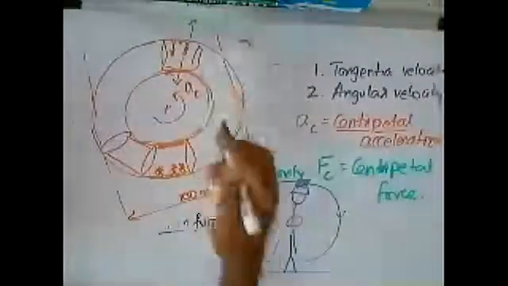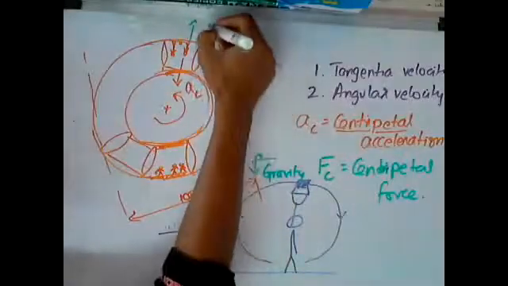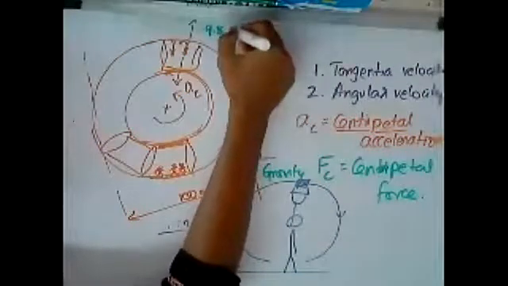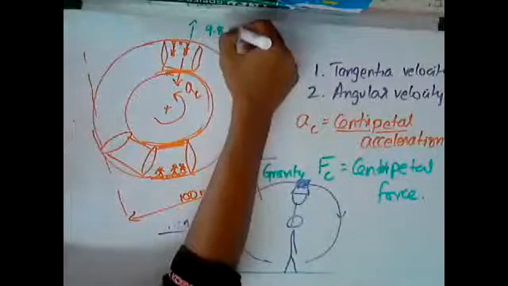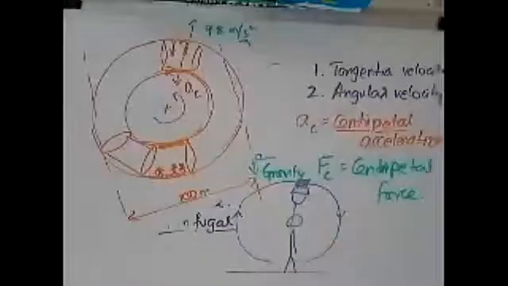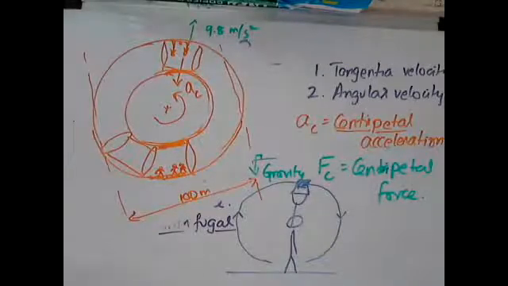I can work out the maths and tweak it to such a rate that they will experience exactly 9.8 meters per second square, simulating the gravitational field of the Earth. So then there should be absolutely no problem.